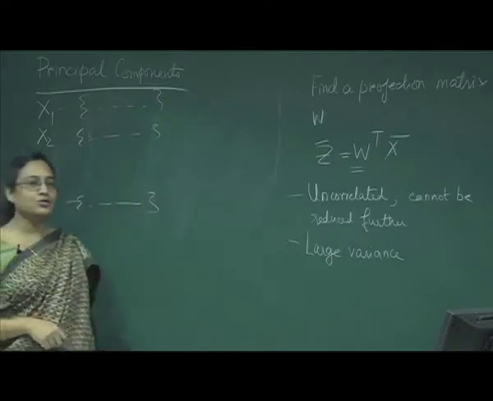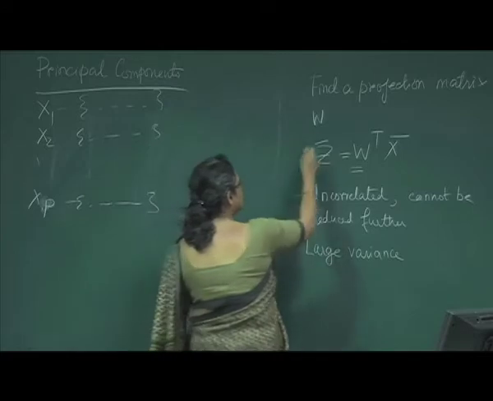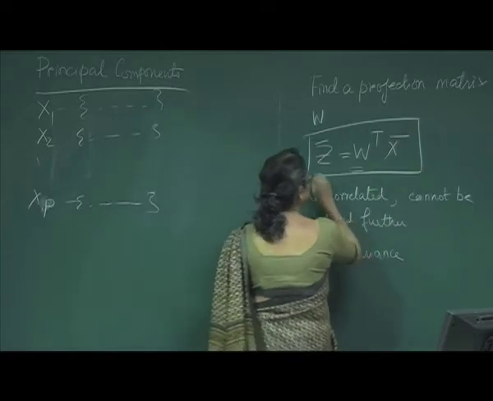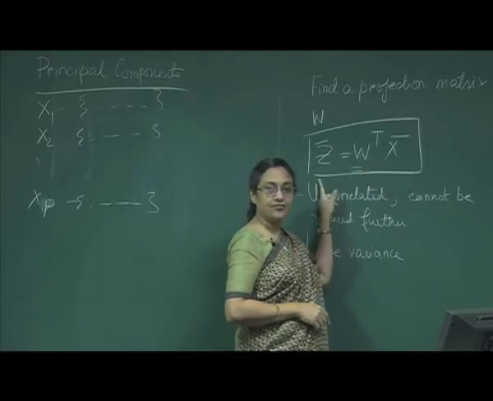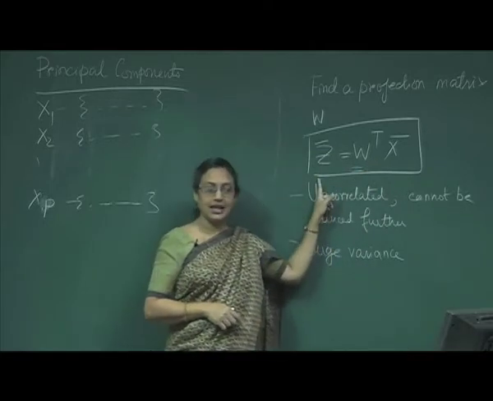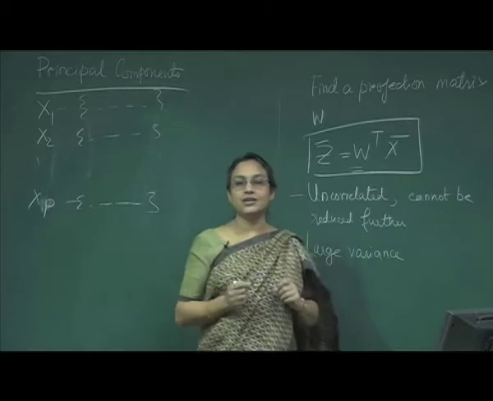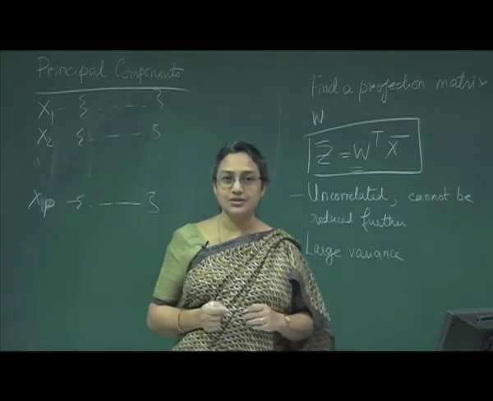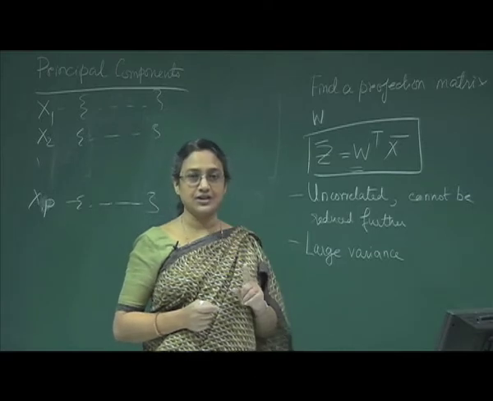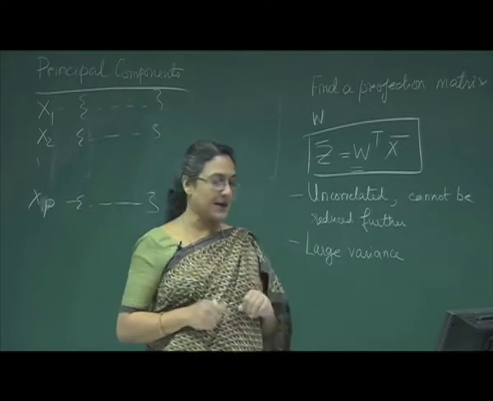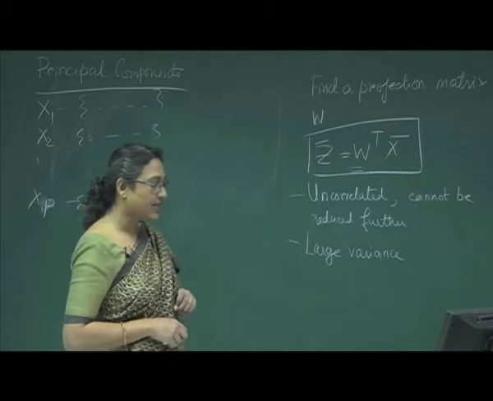Now, what we want to do is find this mapping from x to z, where z is m-dimensional, and let us say initially we consider z to be one-dimensional. So we want to find the one feature which will be best for our purposes.